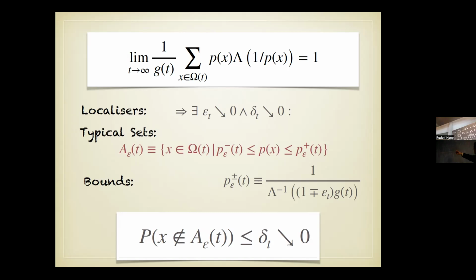Careful with the 1 over, because then I also have to exchange the sign. By 1 over I have to swap the two sides. That's exactly what we do here, and this we have defined as the plus. This is minus.